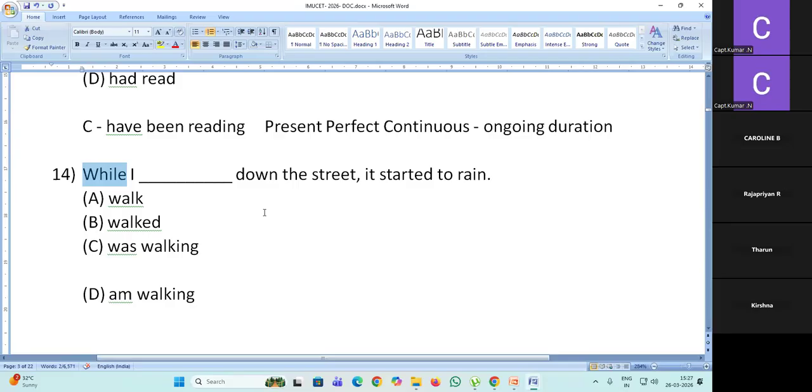To express two simultaneous actions, two actions going on at the same time. So here, what should we write? While I was walking down the street, it started to rain. So while is there and another tense marker, one verb in past tense, is already there. So we can use past continuous tense in this dash.